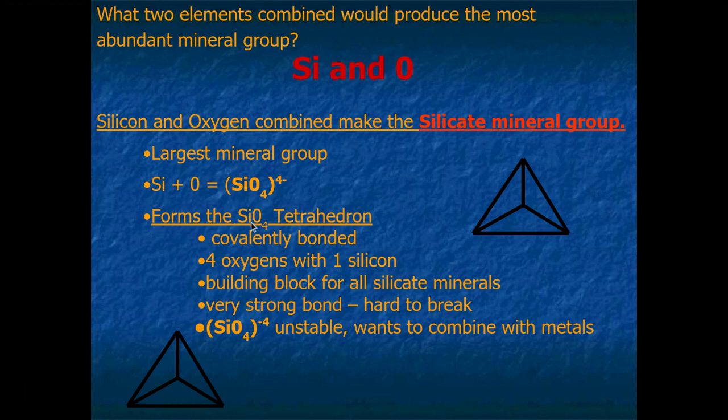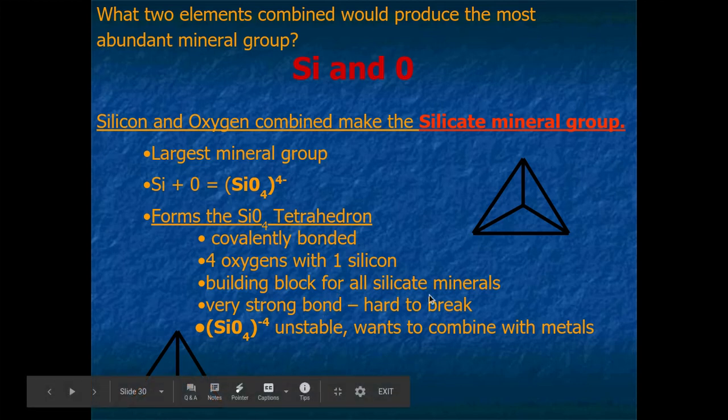So the tetrahedron is covalently bonded, meaning that this is a very, very strong ion. Covalently bonded, meaning that the electrons are being shared, 4 oxygens with 1 silicon. The tetrahedron forms the building block for all silicate minerals. Very strong, hard to break, again, unstable.